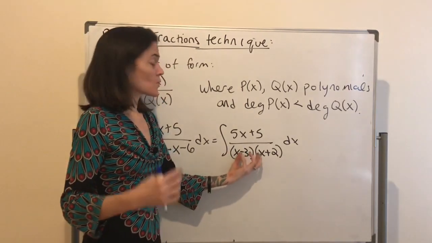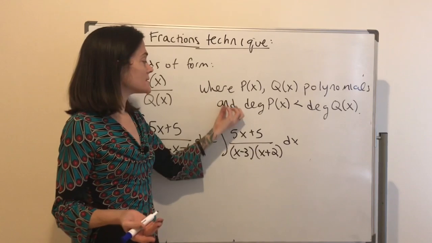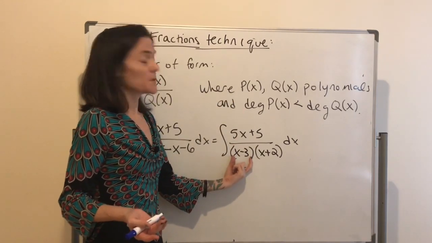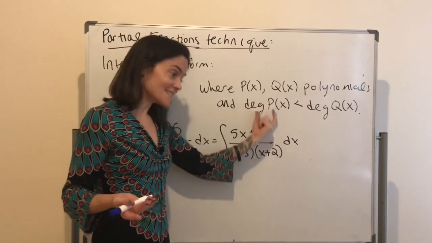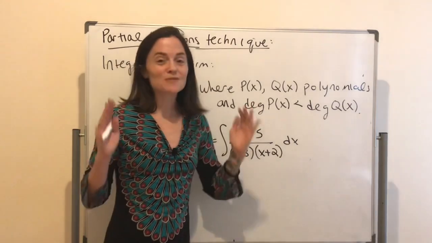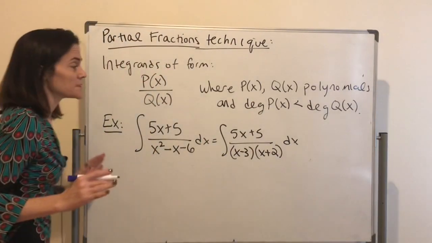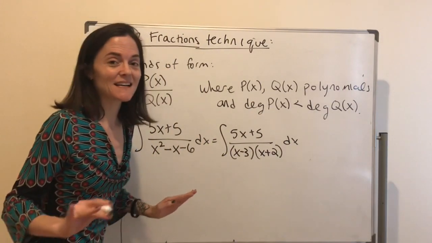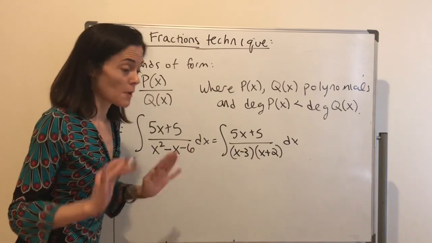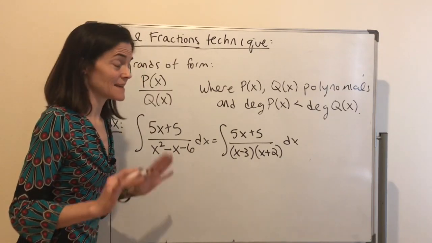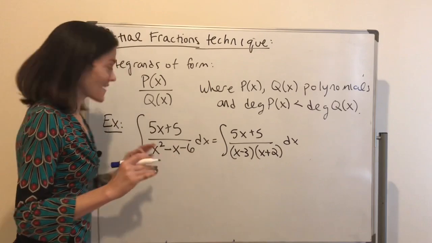Now, just as we saw from the first example, where we had something factored, of course we went the other way, we had a constant over the first linear term and a constant over the second linear term. This is what we do for partial fractions, except we don't know what the constants are. The algebra of the technique is solving for the constants.